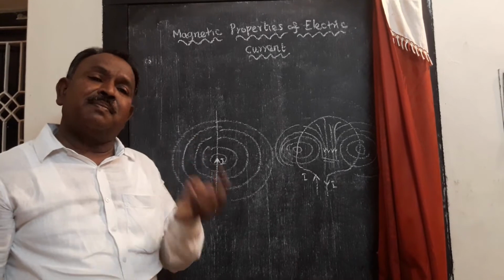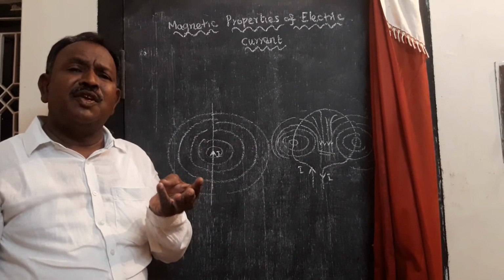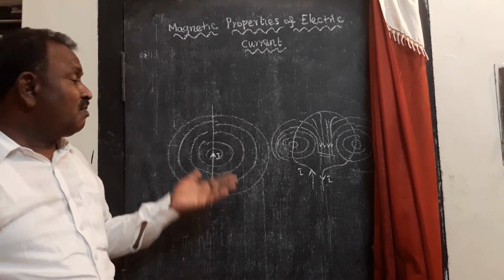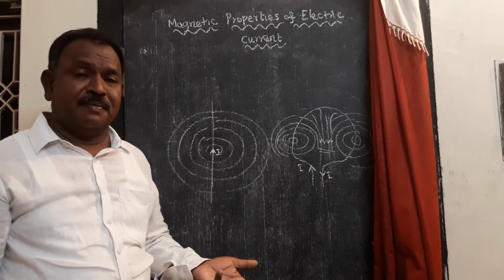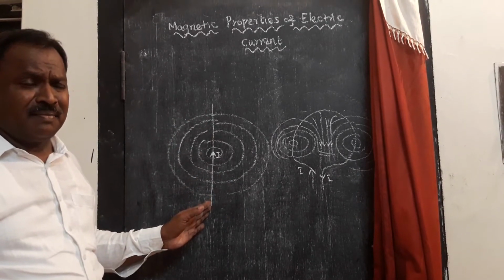As Oersted observed, there is a magnetic field due to a current carrying conductor. If there is a magnetic field, it can be mapped. And we have mapped the magnetic field due to a current carrying conductor.